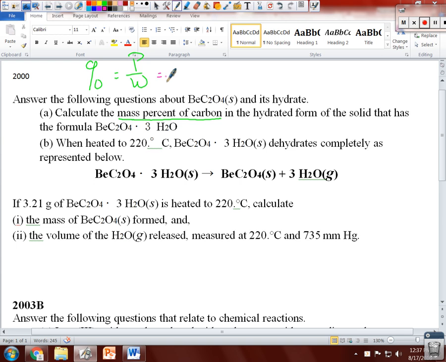Now, what is the whole thing? And what are we trying to find the percent of? Carbon. Would you agree with that? Now, here's the easy question. Mass percent of this beryllium oxalate trihydrate. How much of the total mass will be carbon?